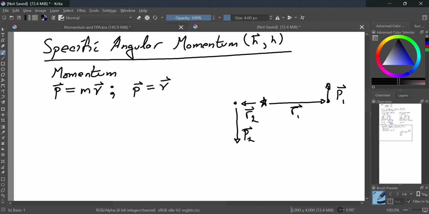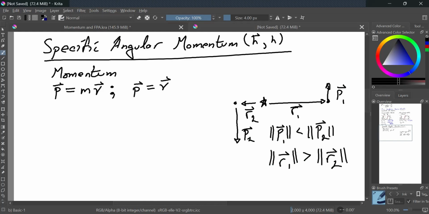Not to worry, because while the magnitude of p1 is less than the magnitude of p2, the magnitude of r1 is greater than the magnitude of r2. It is further out. So there is something to be had here.